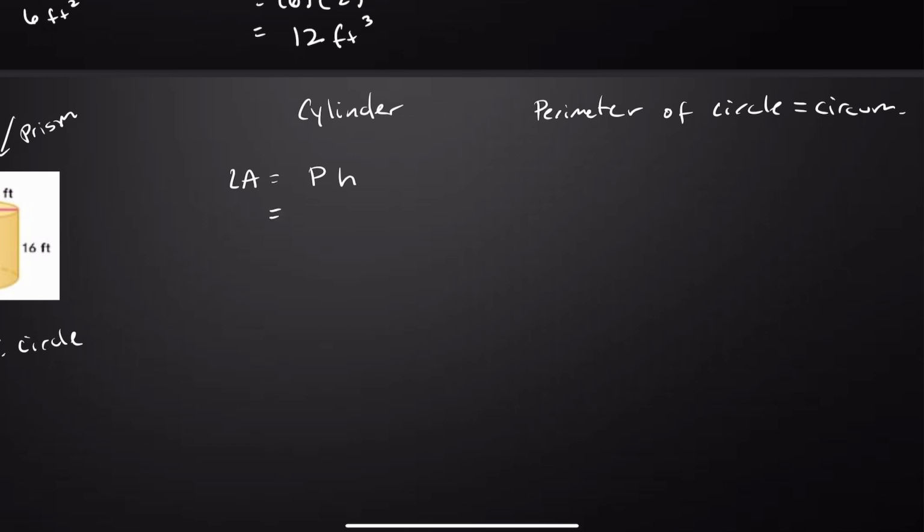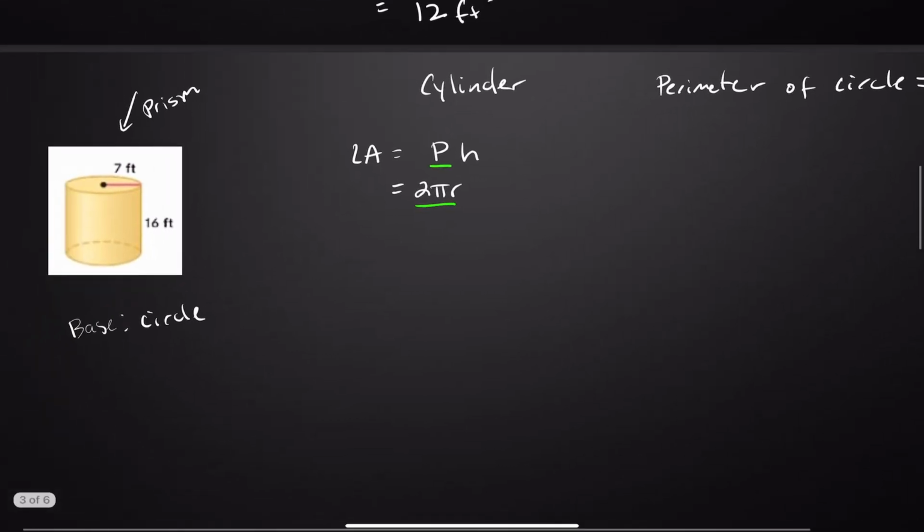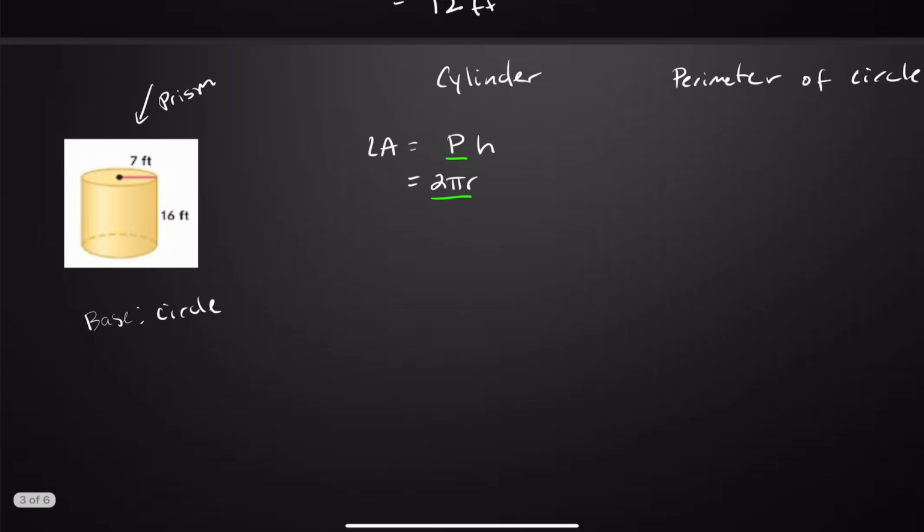So I can say P in this regard is 2 pi r. So P is 2 pi r in terms of a circle. And we're multiplying this by the height of the prism. Okay? So let's go ahead and take a look at our base, which is a circle.